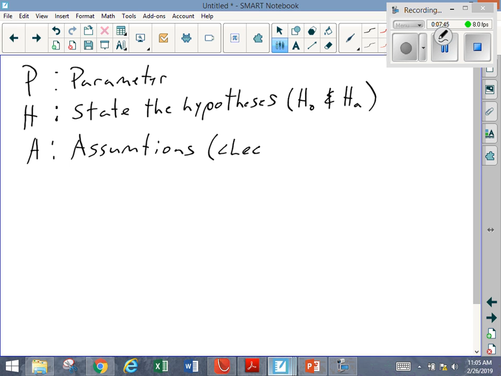Check them, check your assumptions. 10% condition. In this case, you need to check the 10% condition. You need to test for normality. And the data needs to come from a simple random sample.